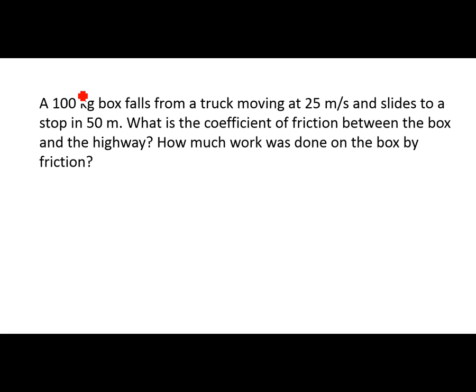Alright, let's start out. Let's identify things here. 100 kilograms. Okay, so m equals 100. The box is on a truck that's moving, so the box has an initial velocity of 25.